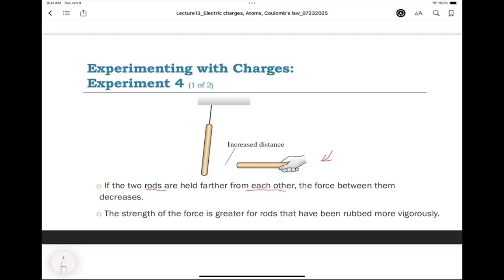The strength of the force is greater for rods that have been rubbed more vigorously. I think this one is also easy to understand. If you rub the rods very vigorously, more charges are generated. Does that make sense to you? Okay.